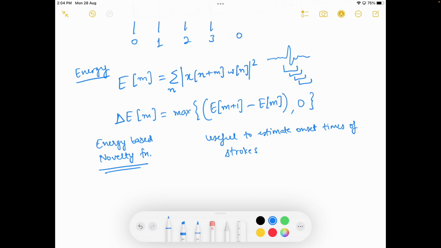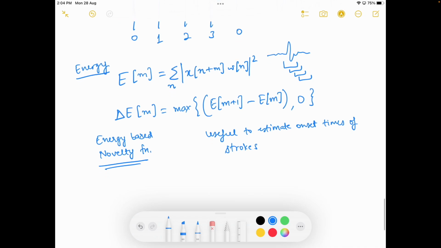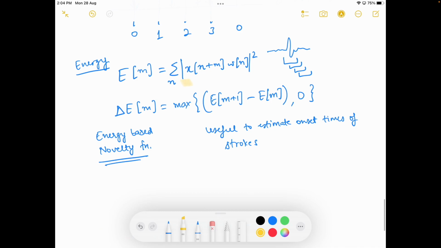So this you are seeing here. This is the energy. You take x[n+m], the shifted version of x[n]. Look at a short neighborhood w[n], multiply with w[n], that small window, everything else becomes zero, only that window is present or highlighted, and then you square every entry and then sum them up.